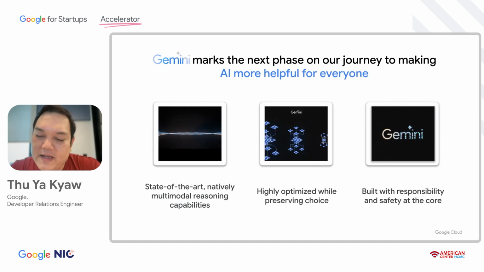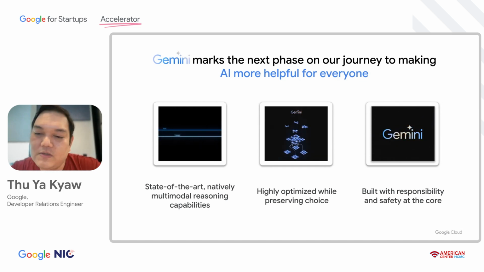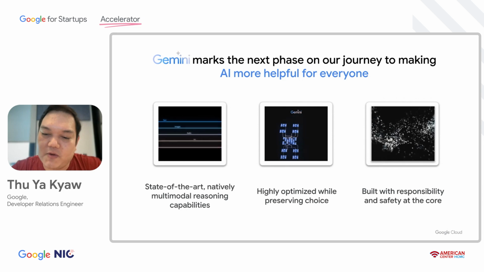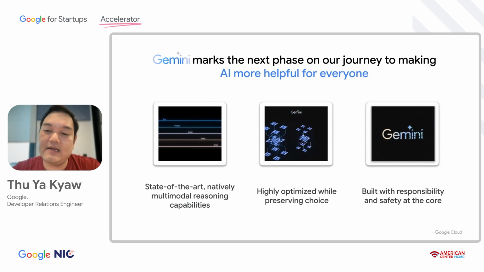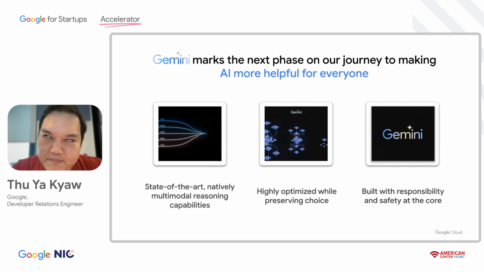One good thing about models from Google is that you have a responsibility and safety layer at the backend.